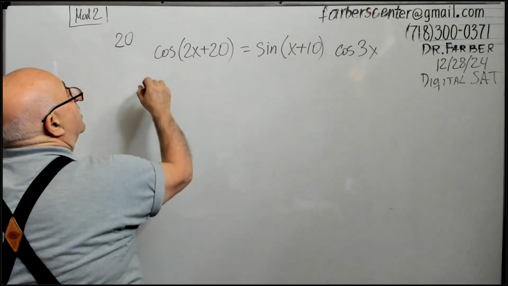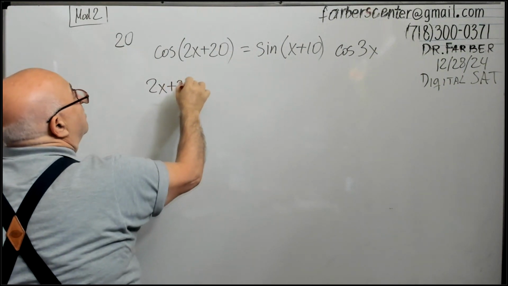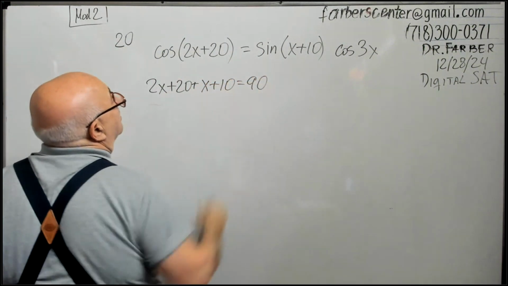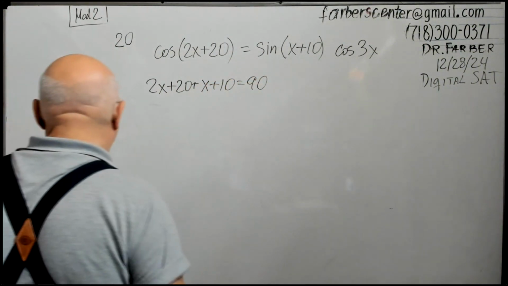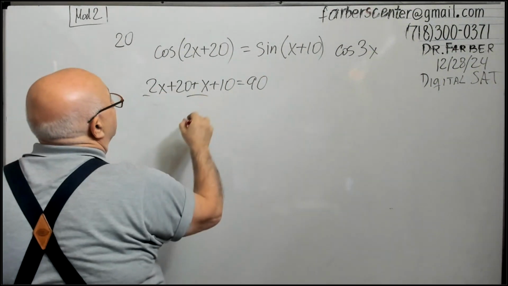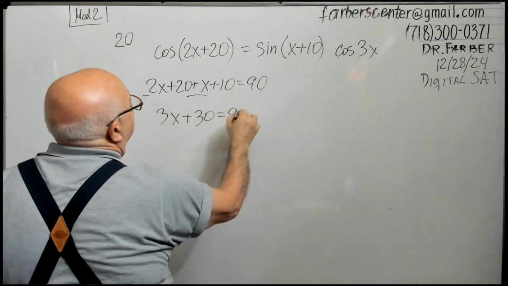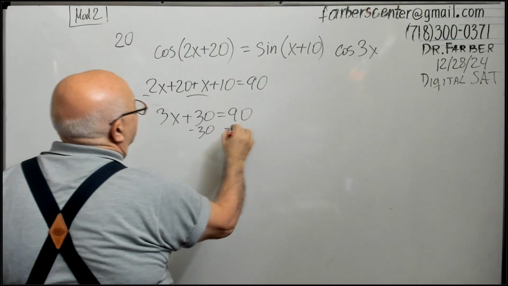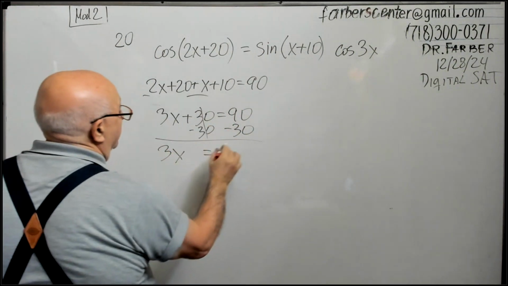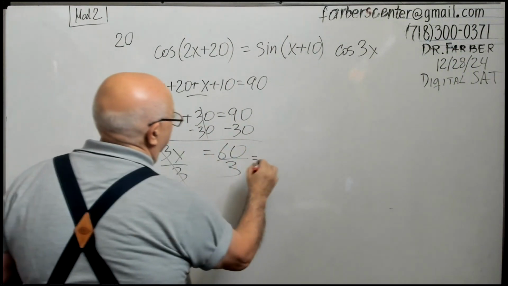So you can write 2x plus 20 plus x plus 10 equals 90. Right? Combine like terms. 3x plus 30 equals 90. Minus 30 minus 30. 3x equals 60, divide by 3 both parts. X equals 20.